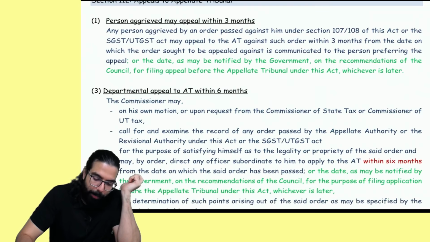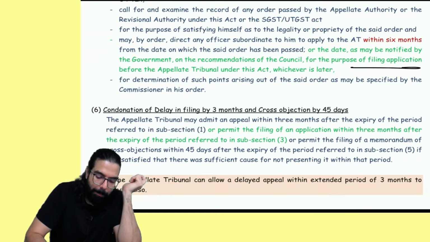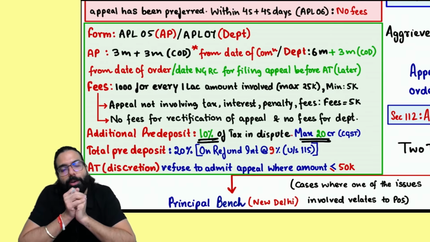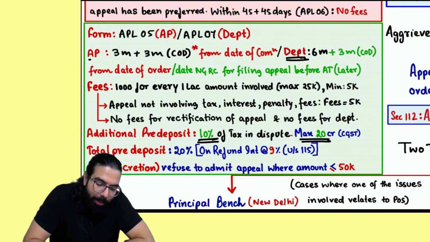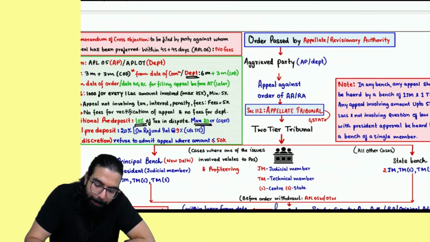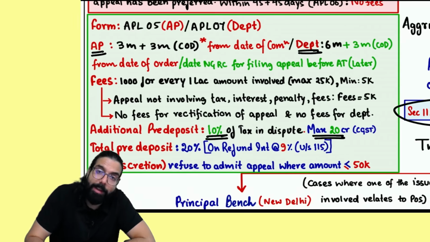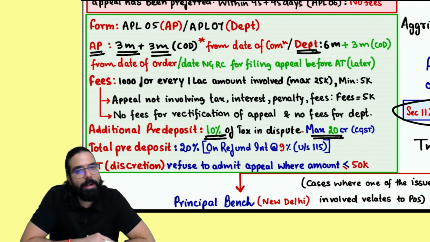Now, one more thing which they have told, these lines are not important. Only one important point over here. Earlier, when going for an appeal to the appellate tribunal, there was no condonation of delay for the department. If the taxpayer was going, he had to go within 3 months, plus a further 3 months of delay could be condoned.